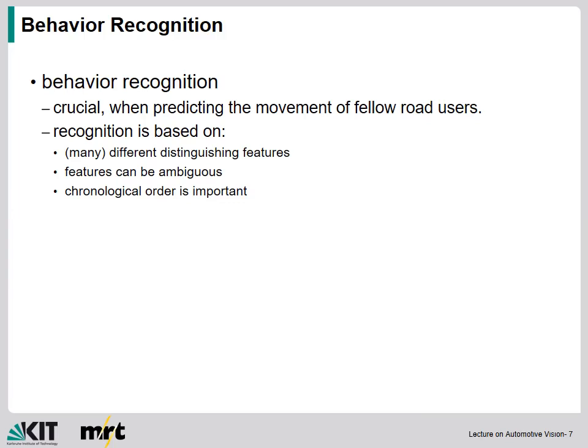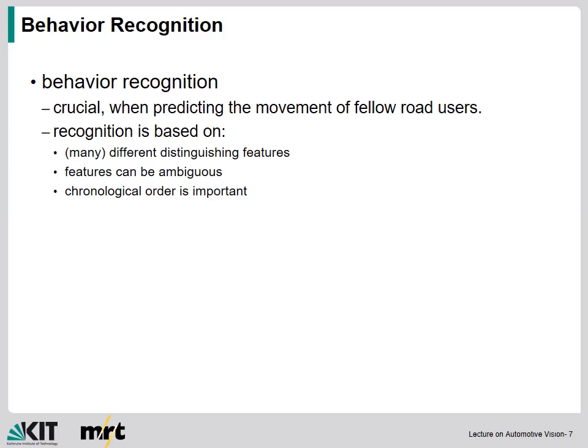Behavior recognition is based on the combination of techniques. First, we need different features from the sensor data. So features, pieces of information that we can extract, for instance, from video data. There are very many possible features, and we need several of them typically and need to combine them. Each feature itself might be ambiguous.